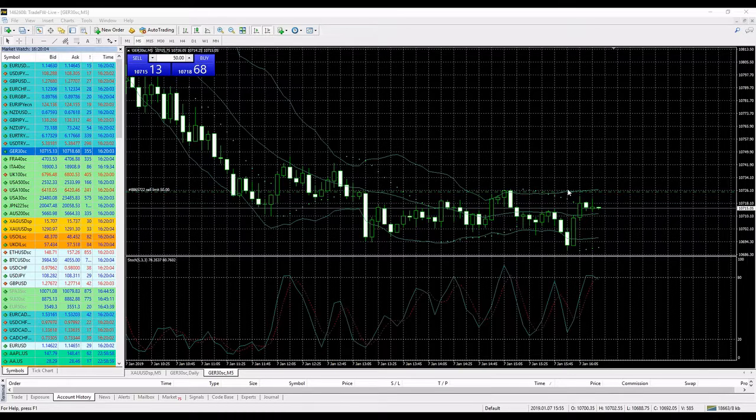Second, most probably the price will reverse at this level, because each time it reaches this level, it reverses. This is the first reason.